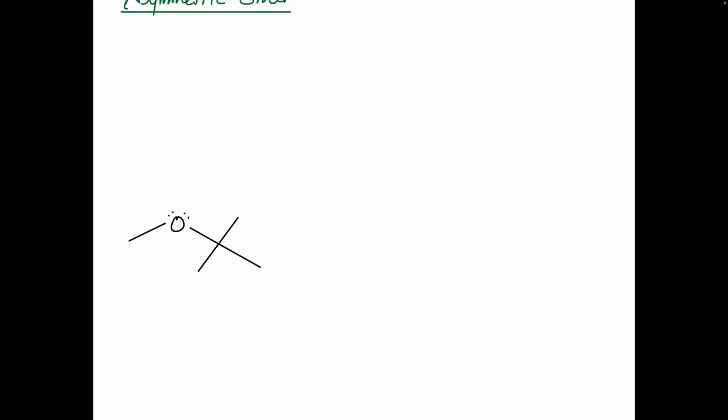Okay, so the first step in our mechanism would be the exact same. We're again trying to create a good leaving group by protonating that oxygen. All right, but from here, there's kind of these two paths that we could take. We have our protonated oxygen.